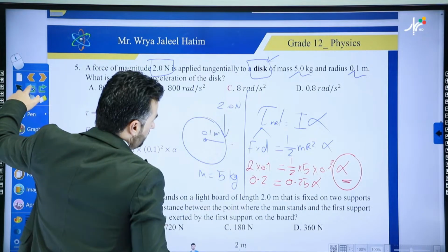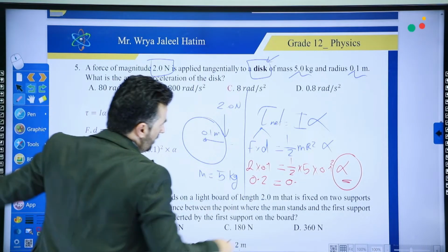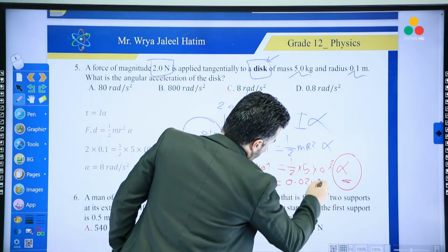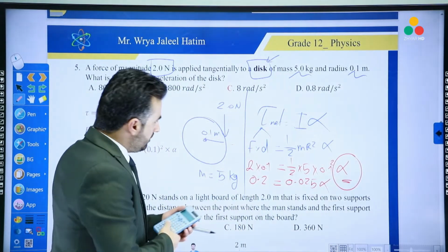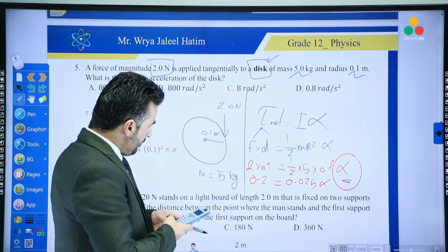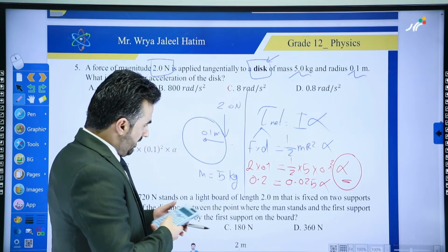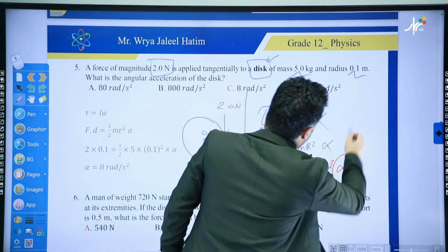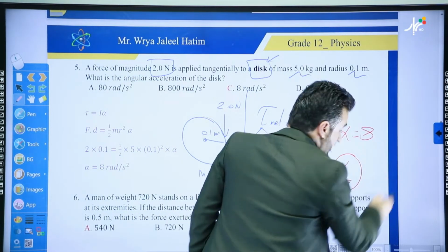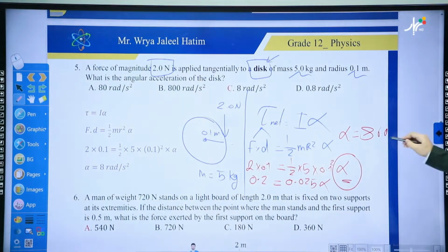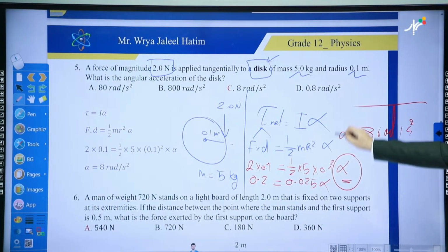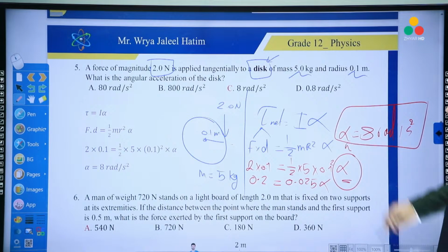So now this 0.025 on this angular acceleration. So 0.2 divided by 0.025, the answer will be 8 in this case. So the angular acceleration here is going to be 8 because it is angular acceleration, that is radian per second squared. And that is, of course, the answer here.